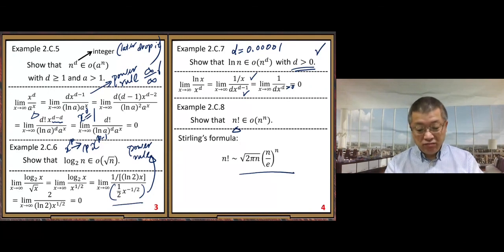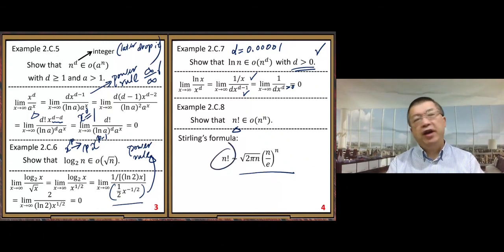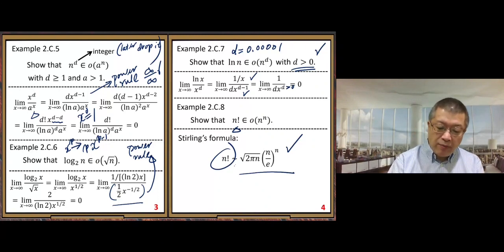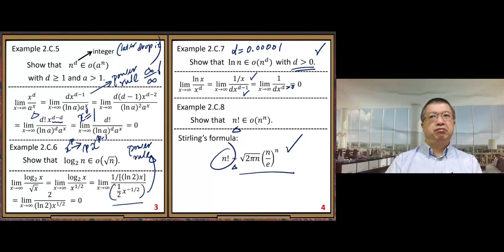So you can see it is easier to handle than the original n factorial. The original n factorial, we have no idea how large it is. Okay, so this way, we feel a little better.